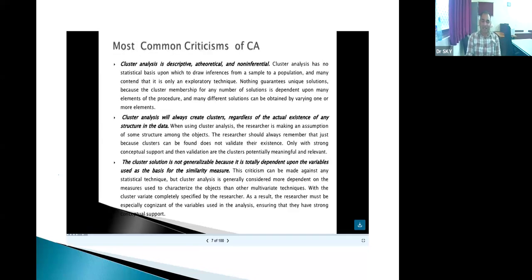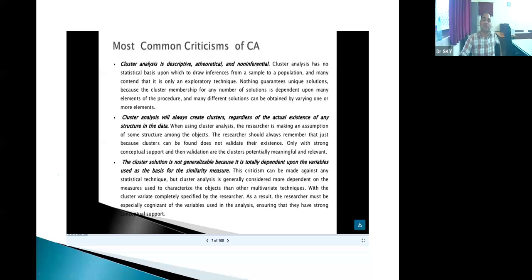So if there are some pros, then there are some cons as well. So there are some drawbacks of this cluster analysis. The most common criticism of cluster analysis is that it is descriptive, atheoretical and non-inferential.